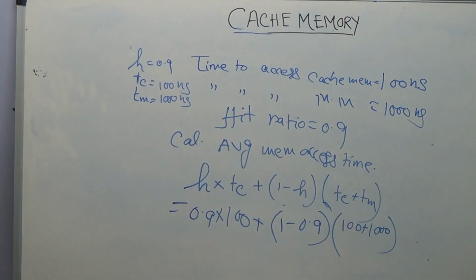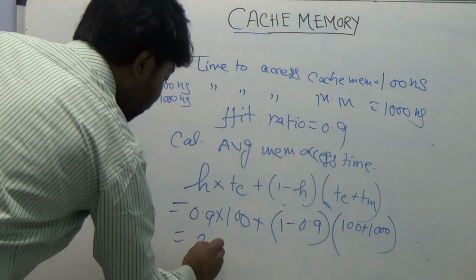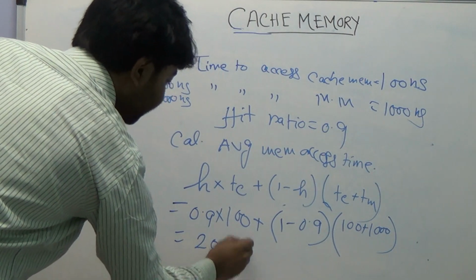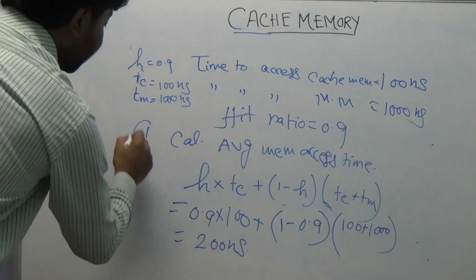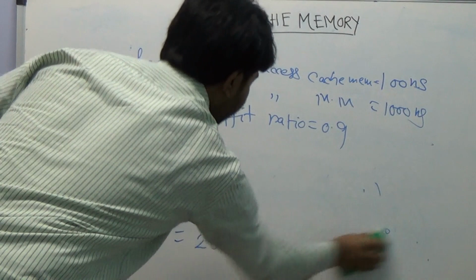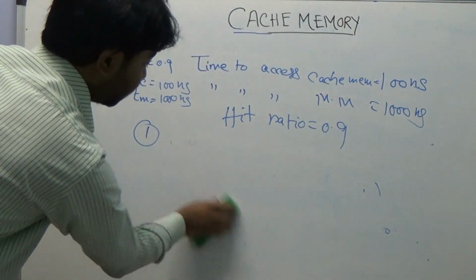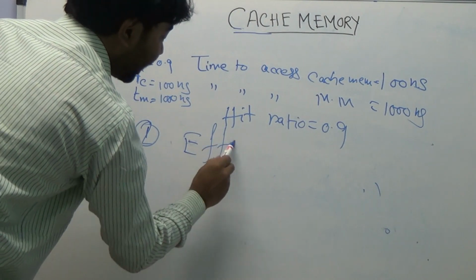So we have put all the values in the given expression, and after calculation we get 200 nanosecond. So using this formula we have calculated the average memory access time. Here is another part. The other part is we have to compute number 2, efficiency of the cache memory.